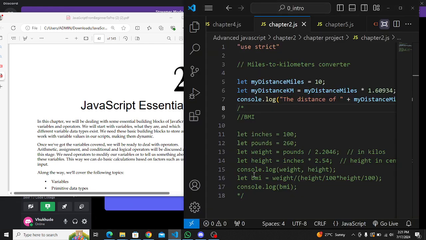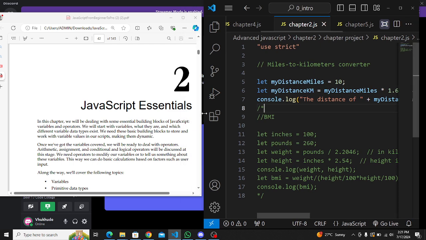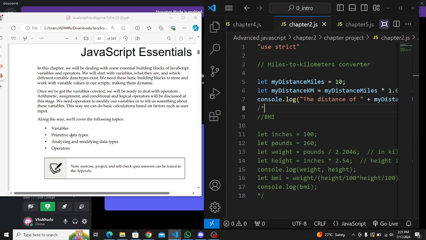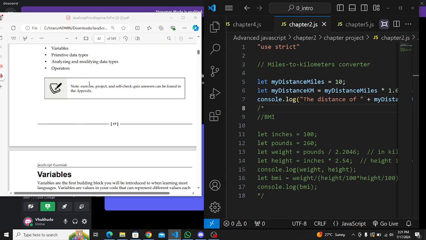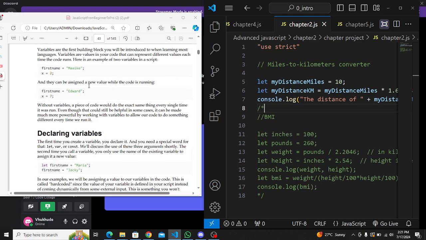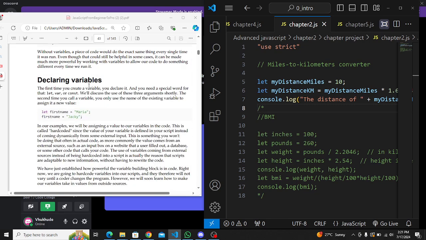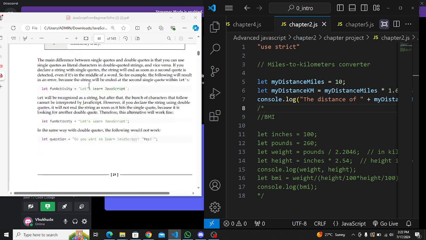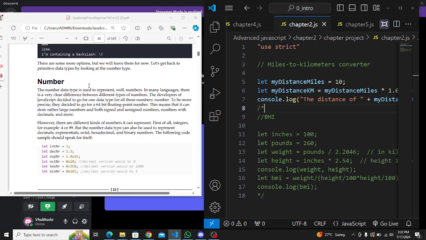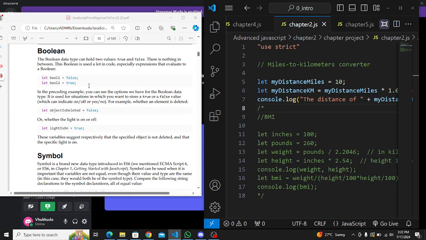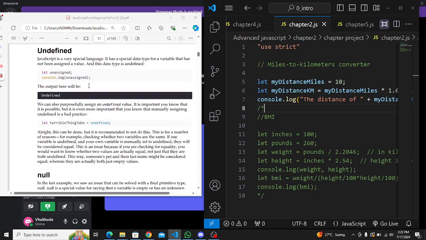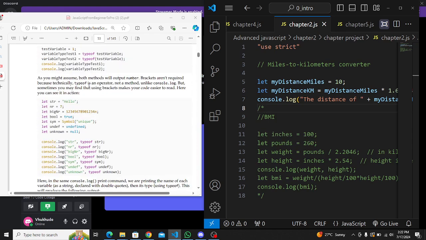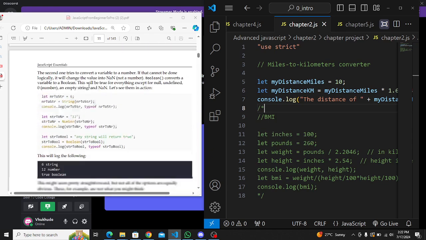Yeah, I can. Okay. So we're doing chapter two, JavaScript essentials. Here we're gonna learn about variables, primitive data, analyzing and modifying data types, operators, and as we can see there, declaring variables, the strings, the boolean, the symbol, undefined, null, converting arrays.